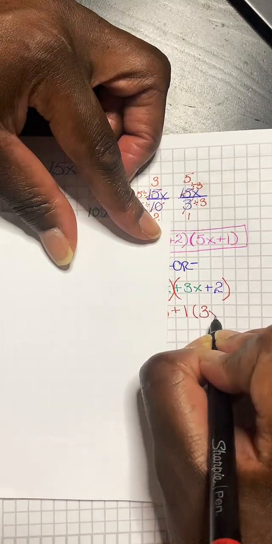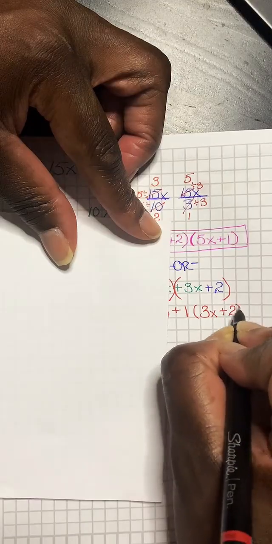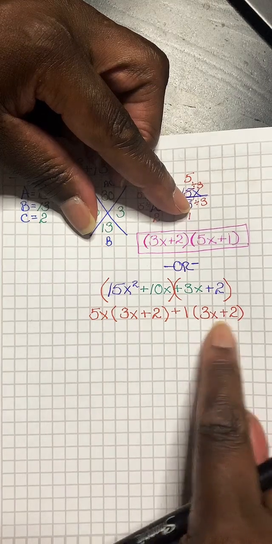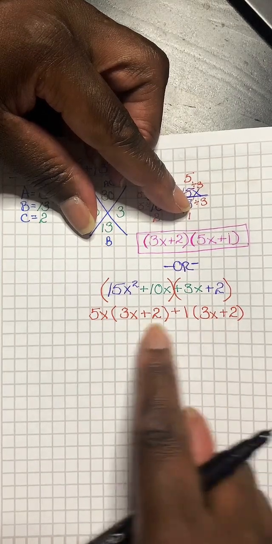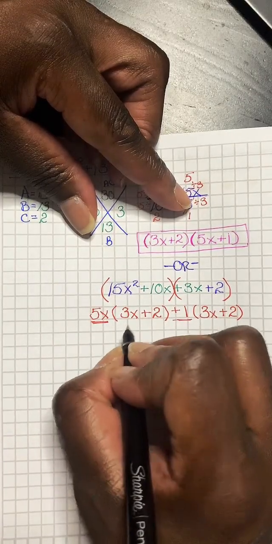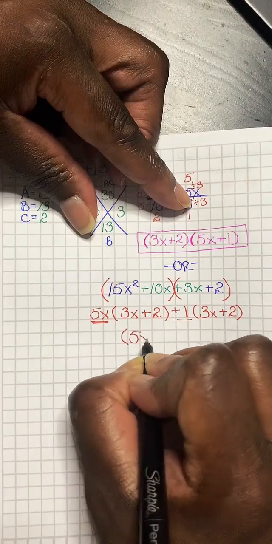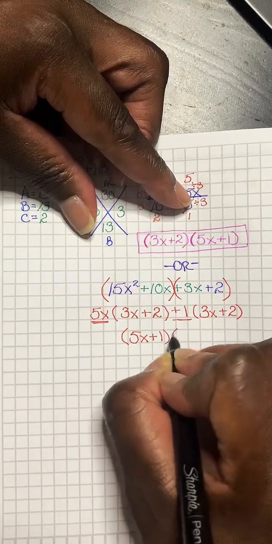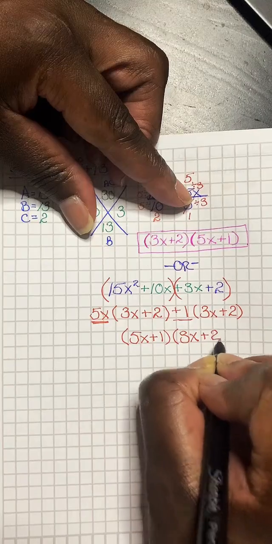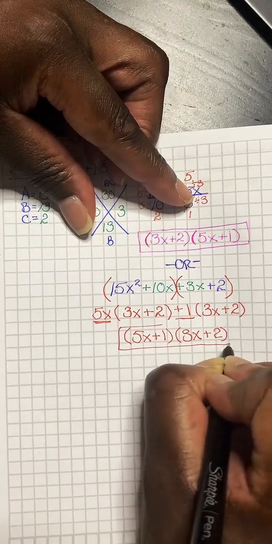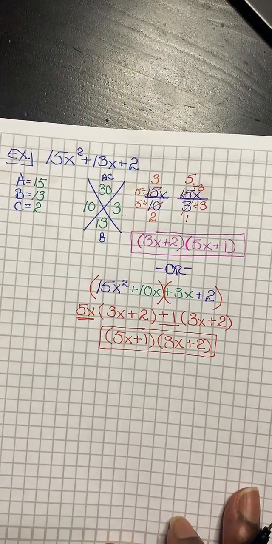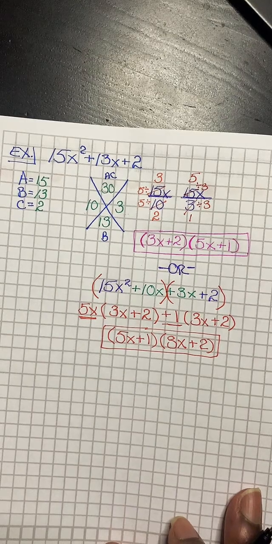So now I have 3x plus 2. If you notice, inside the parentheses are exactly the same numbers, same signs. So I can take what's outside the parentheses, place them in their own parentheses, so 5x plus 1, and then the same parenthesis, just write that once, 3x plus 2. And as you notice, you get the same answer either way.